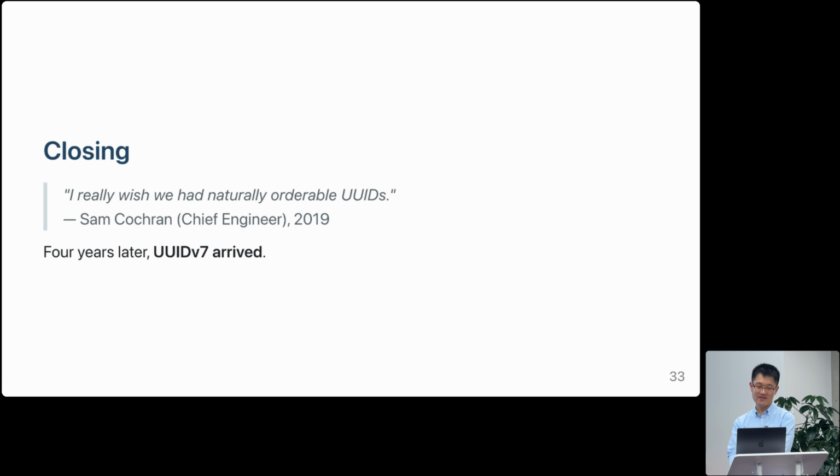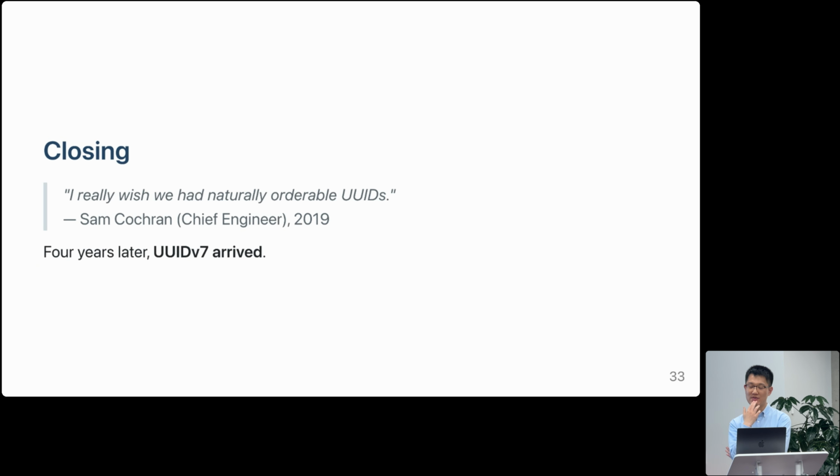So we covered a lot of ground. I talked about UUIDs versus integer IDs, and some of the stories and incidents that Buildkite faced in the past. One thing that our engineers mentioned in 2019 was that we really wished we had naturally sortable UUIDs, and it wasn't until four years later that v7 arrived.